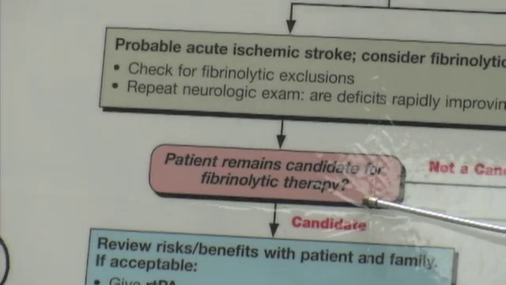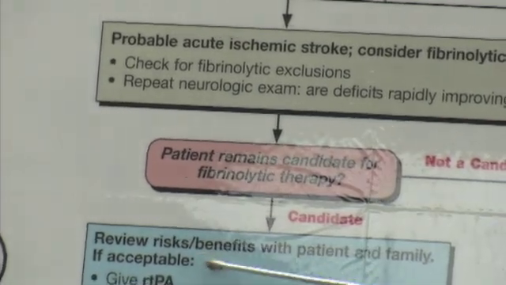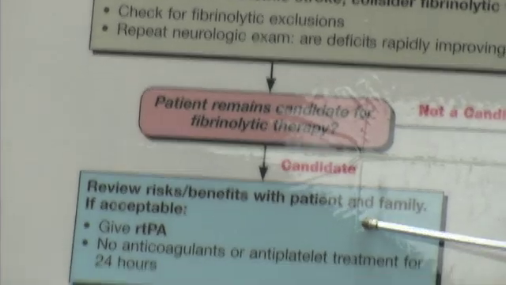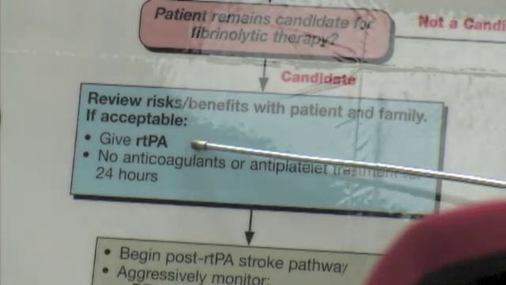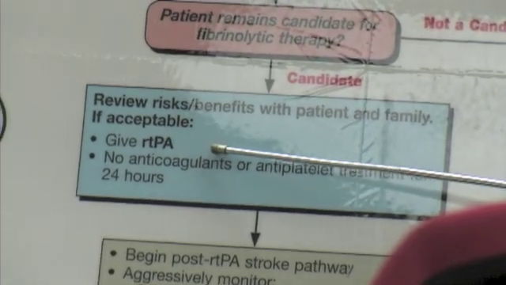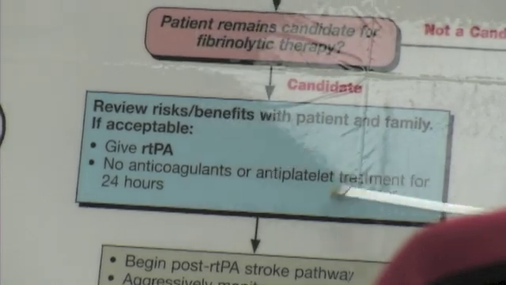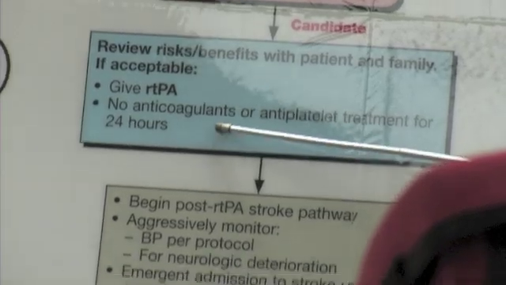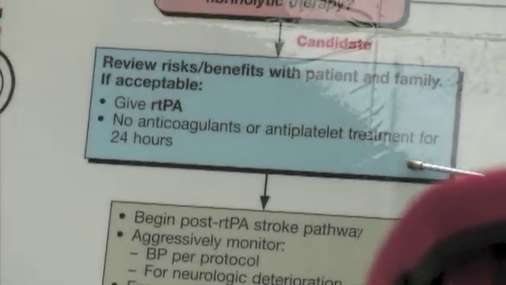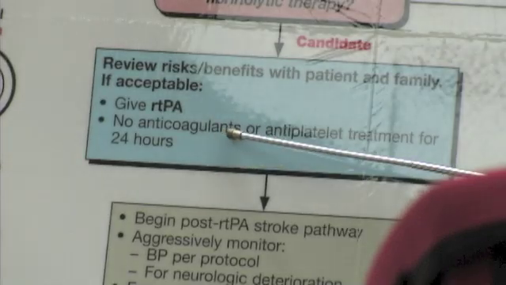If our patient remains a candidate for fibrinolytic therapy, then we've got to review the risks and benefits with the patient and family of giving fibrinolytic therapy. Our fibrinolytic therapy is going to be TPA or rtPA, and if we do give TPA, the patient is not to have any anticoagulants or antiplatelet treatment for the next 24 hours.